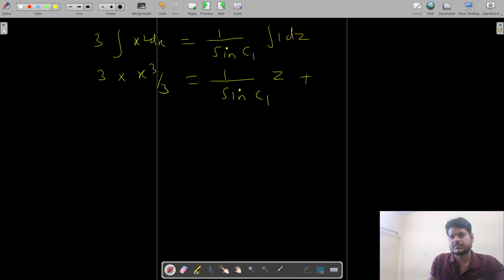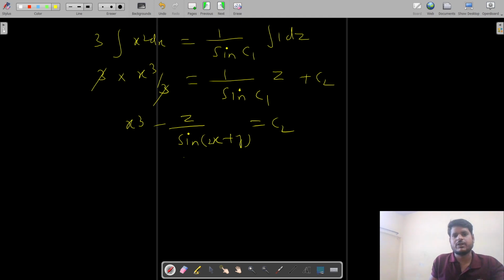I can say this is c2, so you get here 3 cancel, that's x cube minus z upon sine of 2x plus y, equal to c2.